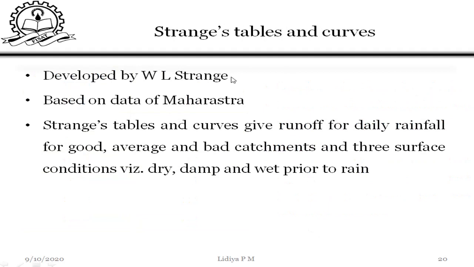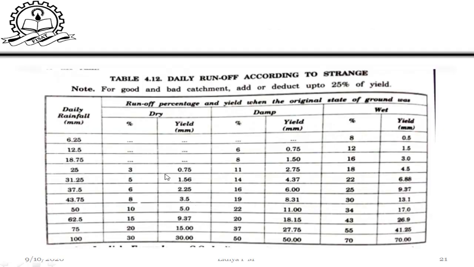Next, coming to Strange's tables and curves. This was developed by W.L. Strange, based on data collected from Maharashtra. Strange's tables and curves give runoff for daily rainfall for good, average and bad catchments, and three surface conditions, that is dry, damp and wet prior to a rain. So this represents the daily runoff according to Strange.